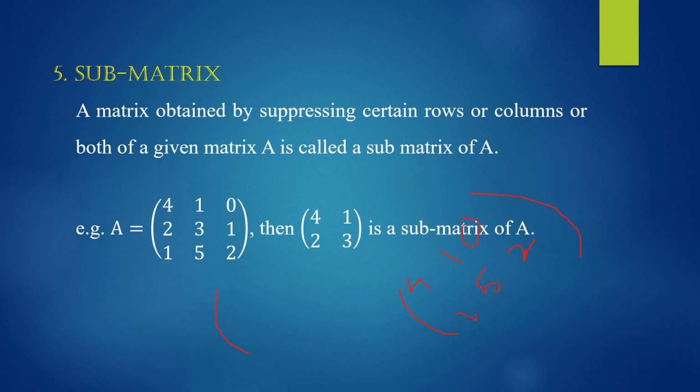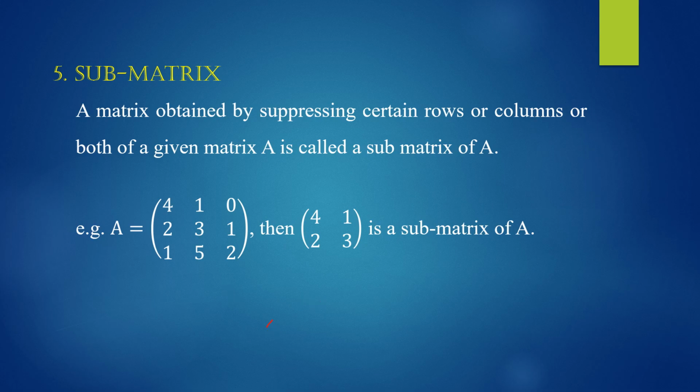In that case, the submatrix will be 1, then 3, then 5, and then here it will be 0, then 1, then 2. Is that clear? So this is the definition of submatrix. Submatrix means matrix within matrix.